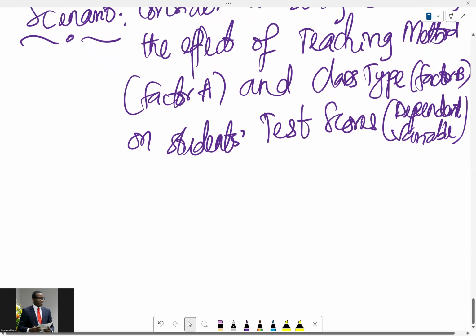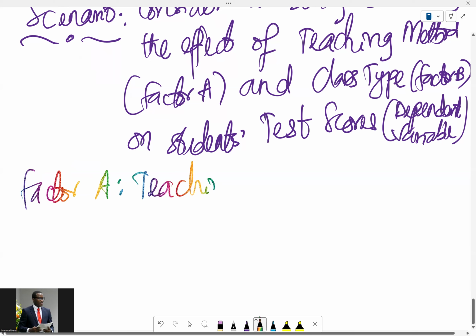Then let me color code here. So we have factor A, which is teaching method, which has two levels.